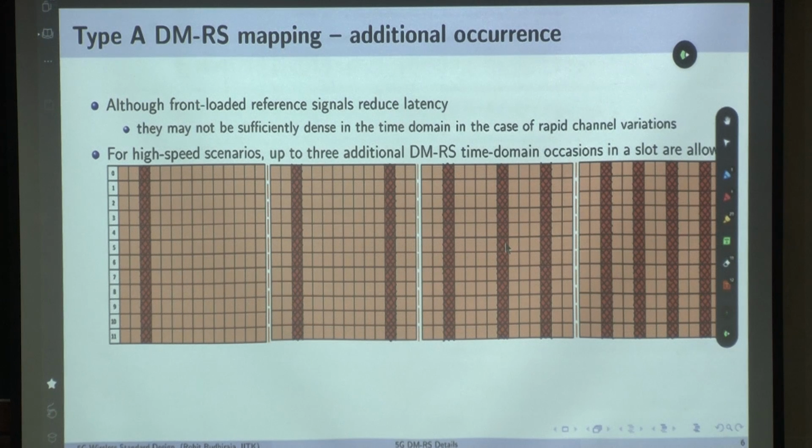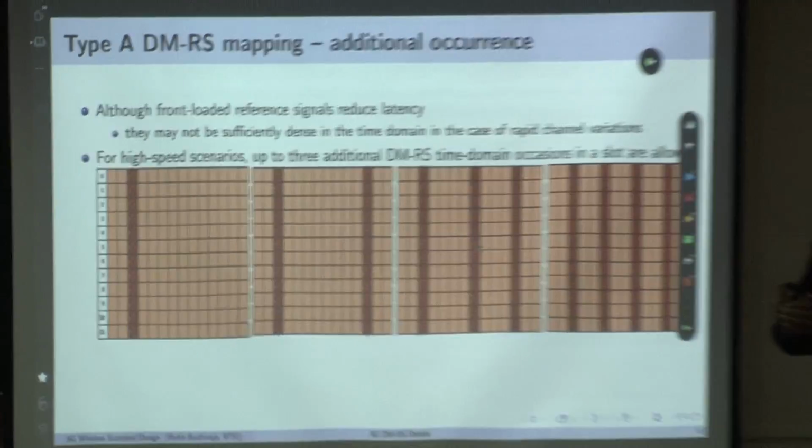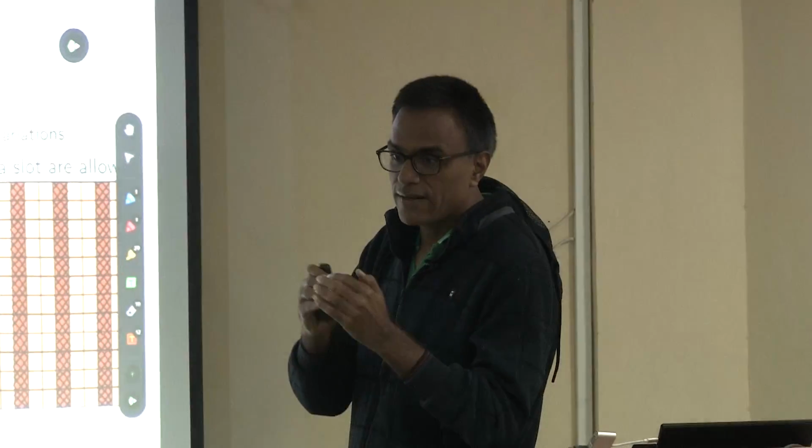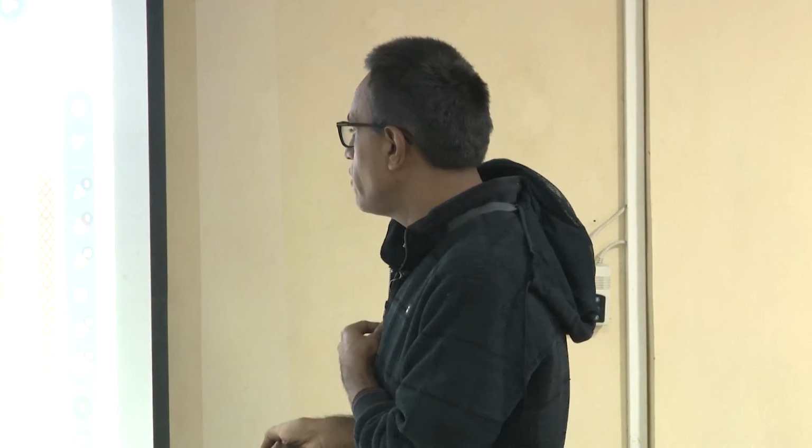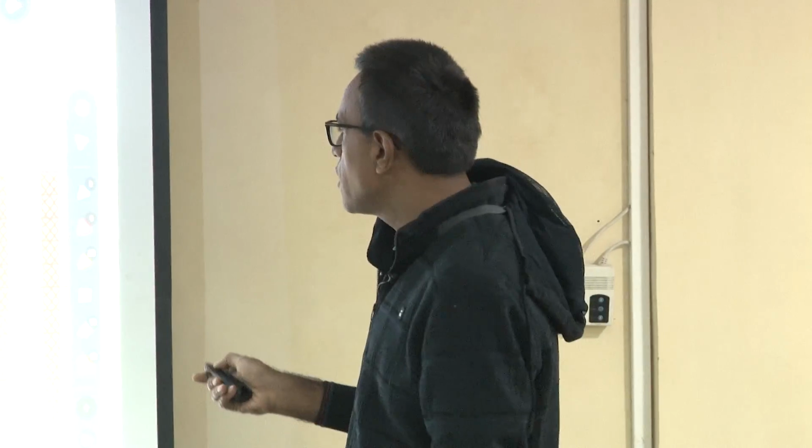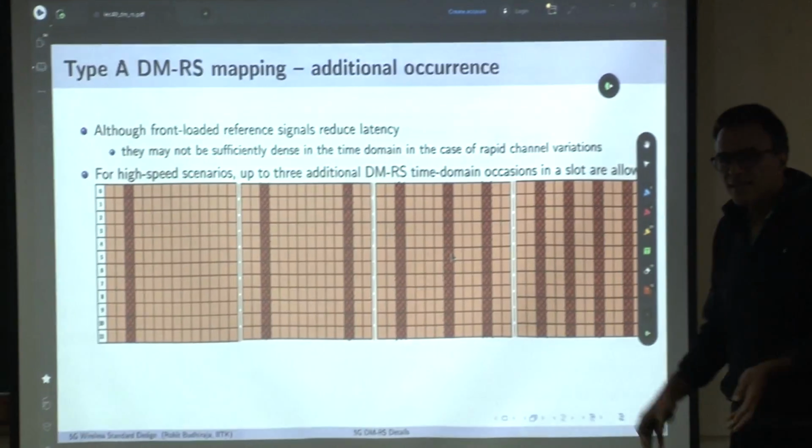Now you see this, if you do a bad system design, if the scheduler does not take care of whether the UE is stationary or highly mobile, and always transmits 3 additional locations, then you are using a lot of bandwidth to transmit unnecessary information.